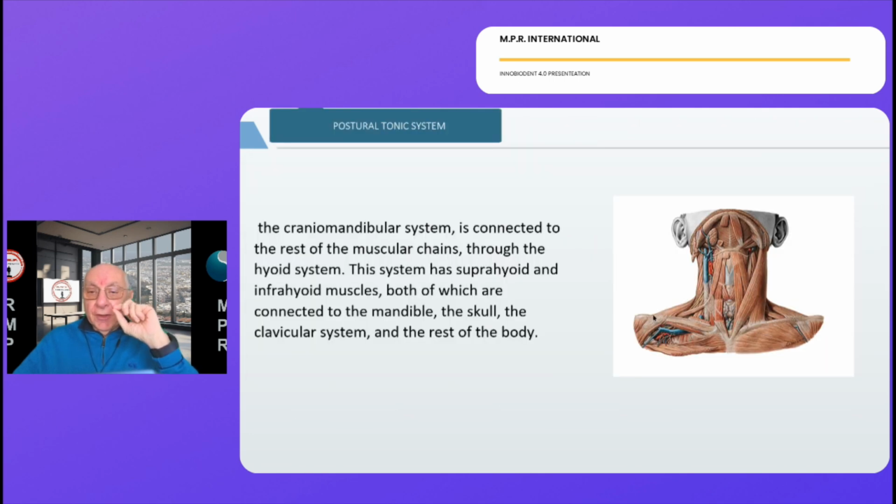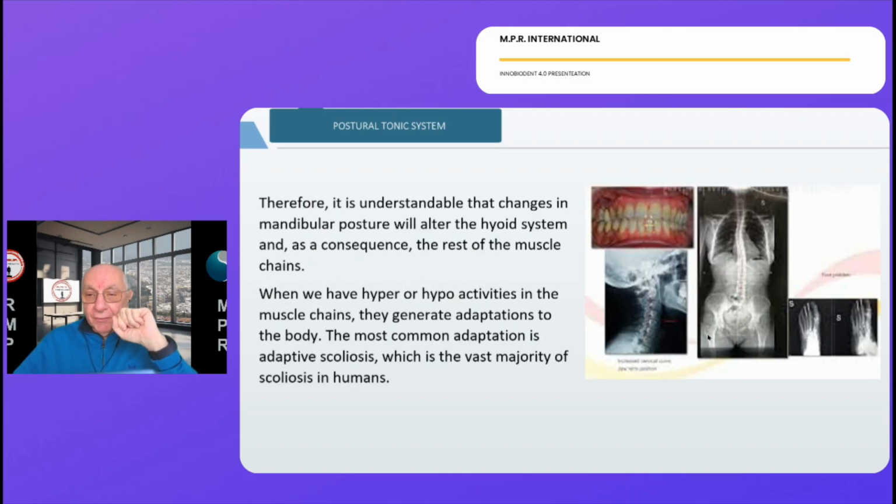Through the hyoid system, the craniofacial system is connected to the rest of the body. Many postural dysfunctions are related to combined alterations, among them the dysfunction of the craniofacial system.